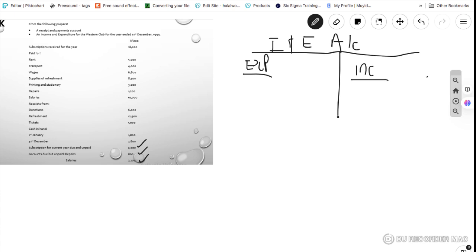So let me draw that down. Let us have a naira sign here, and the value. Okay, so let's move on.